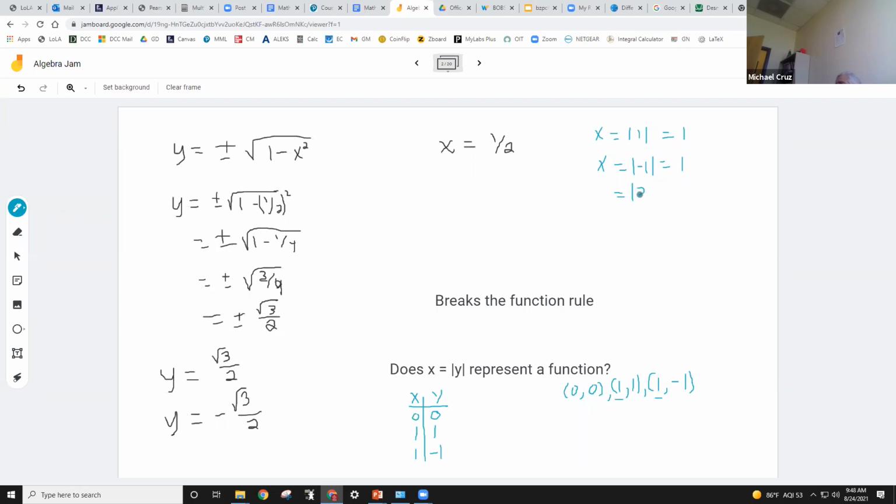So if we put in 2 and we put in -2, same thing's going to happen. Both of them are going to give us X equal to 2. So in other words, we would also have these thrown in there: 2 and -2 and 2 and +2.